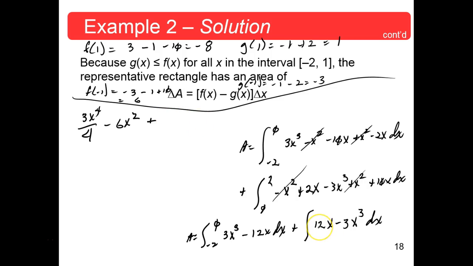Okay, let's just do the first one. Why not? Otherwise I get confused. 6x squared, minus 3x to the 4th. That doesn't look too good.